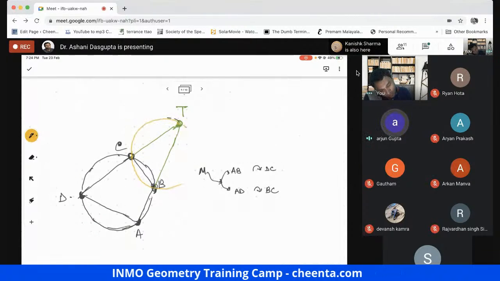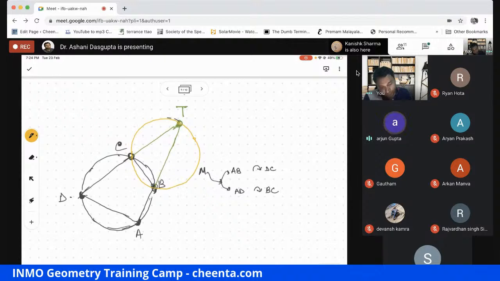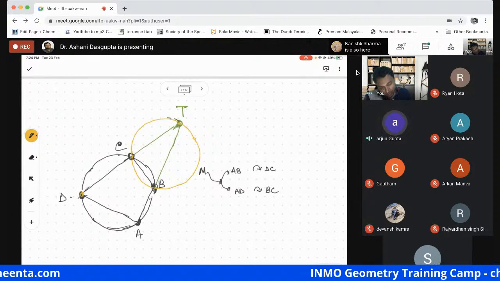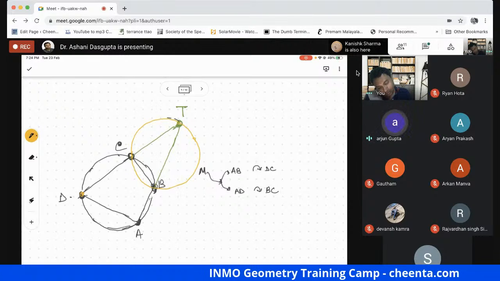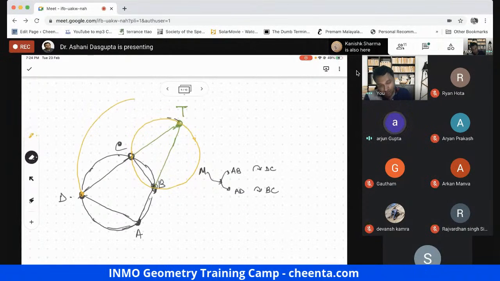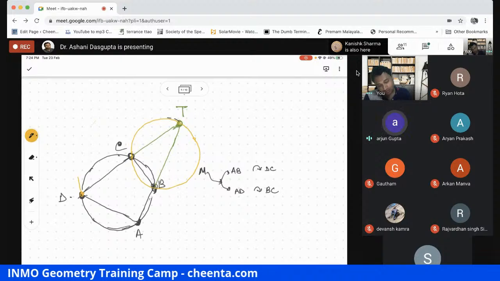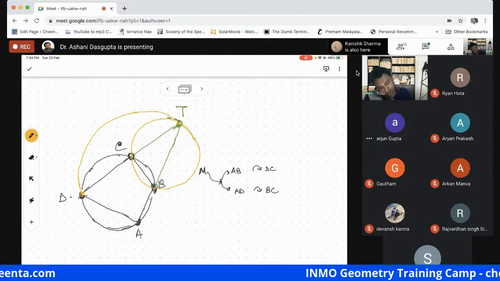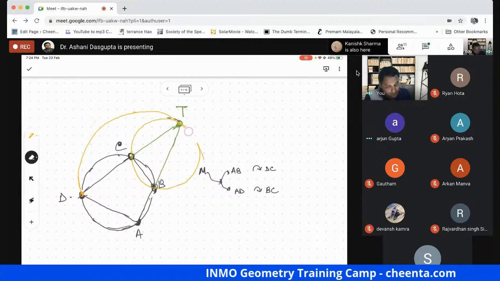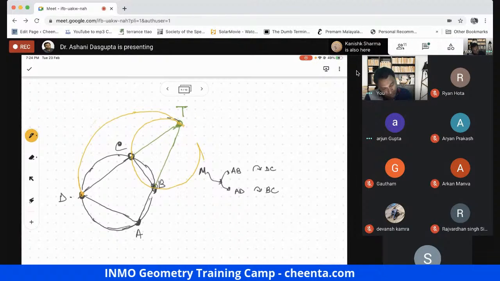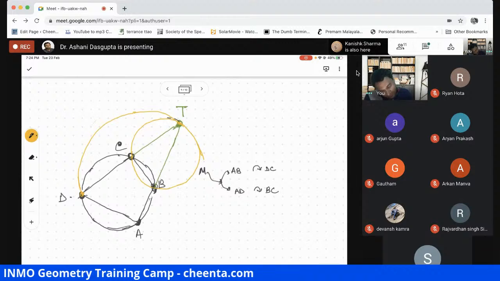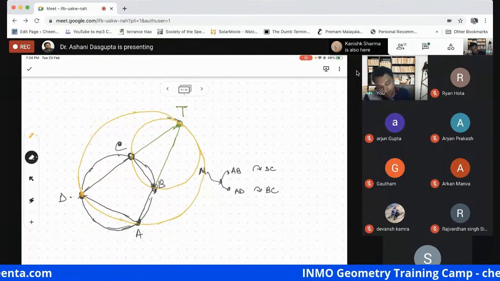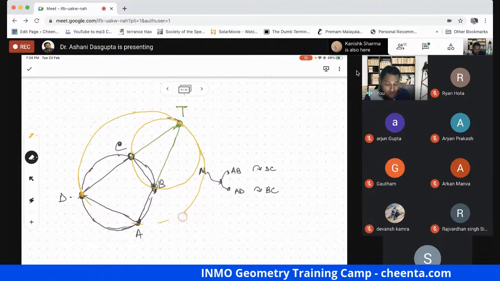Sir, just one thing I want to ask: while practicing, do you think it is nice to draw the figure with different colors using color pencils, or it doesn't really matter if you draw it with scale and ruler? It doesn't really matter, as long as you have a neat and clean picture. Sometimes color codes can make things easier.